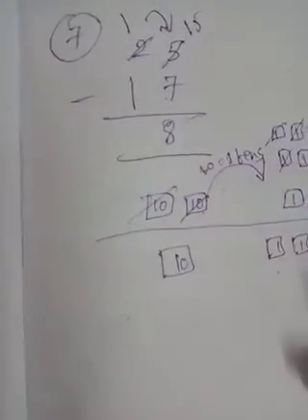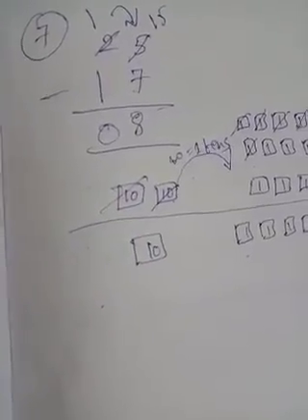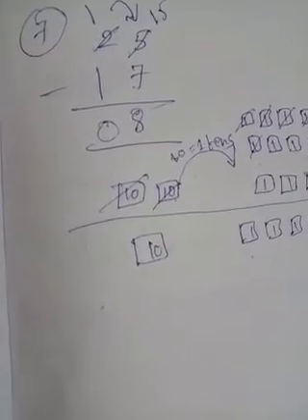Here only 1 ten is there. 10 minus 10, 0. So 25 minus 17 equals 8.